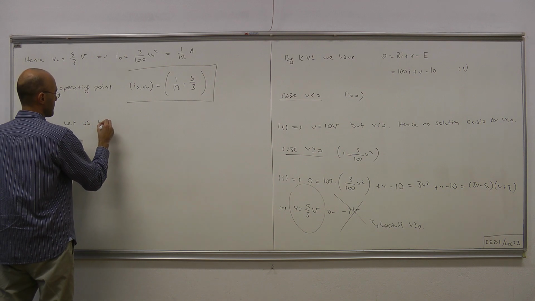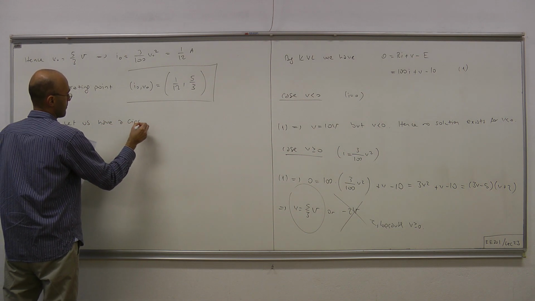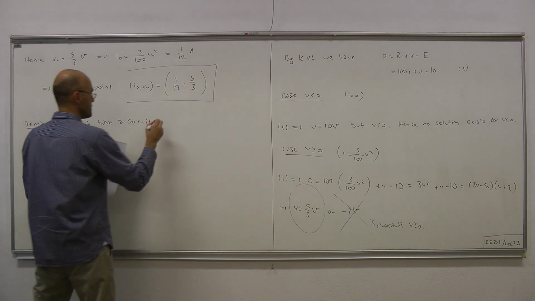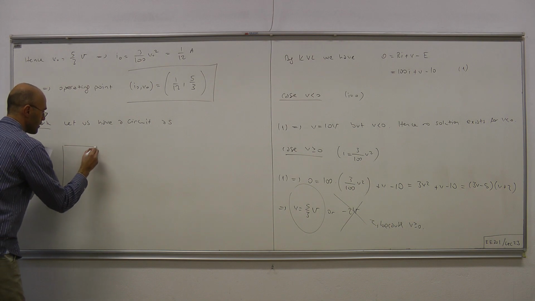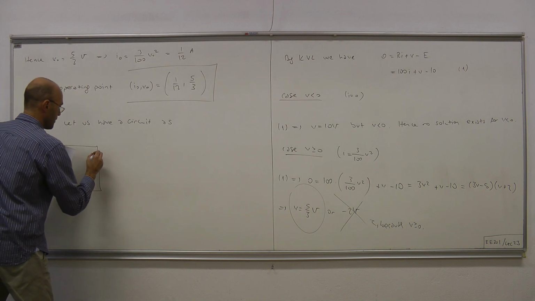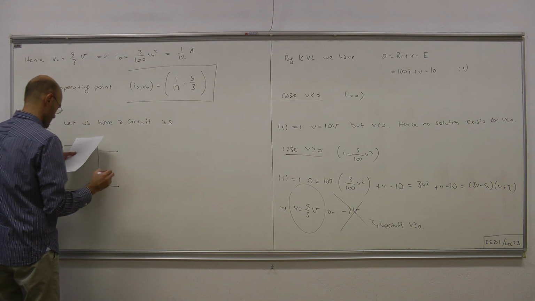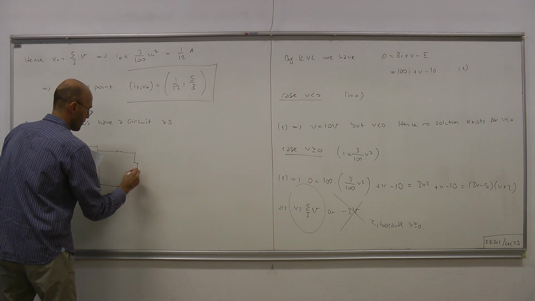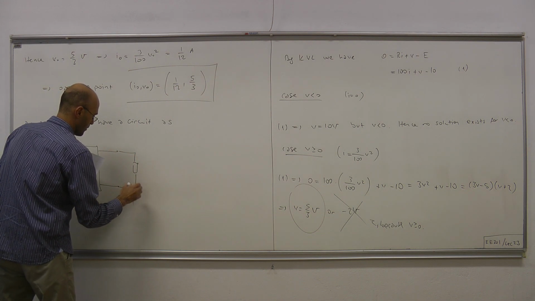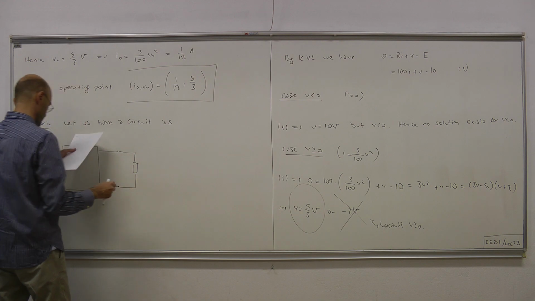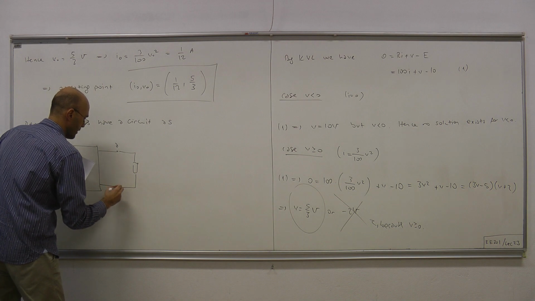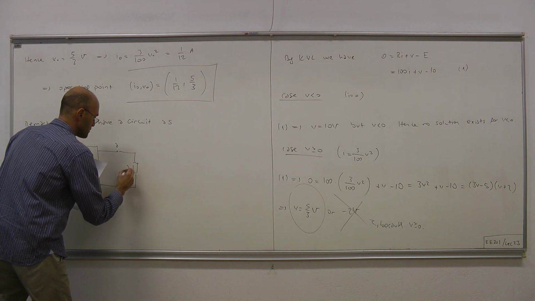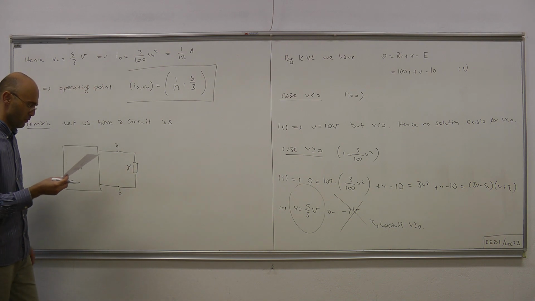Let us have a circuit as follows. Let's call this component gamma, the one port.